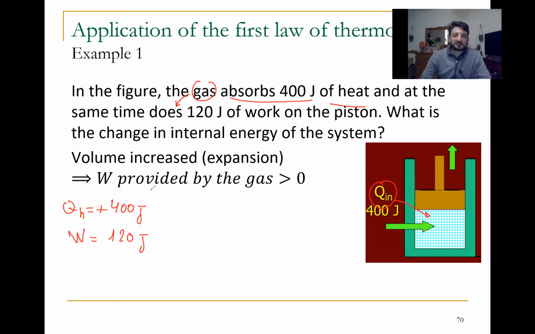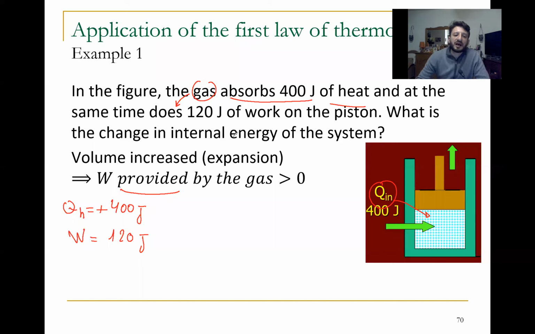So the work by the gas, if we have an expansion, you can say the work provided or released by the gas. In this case, omega is positive, equals 120 joule.